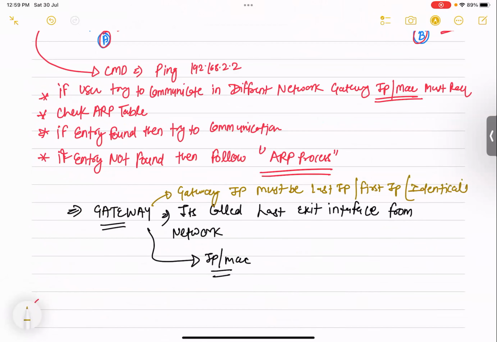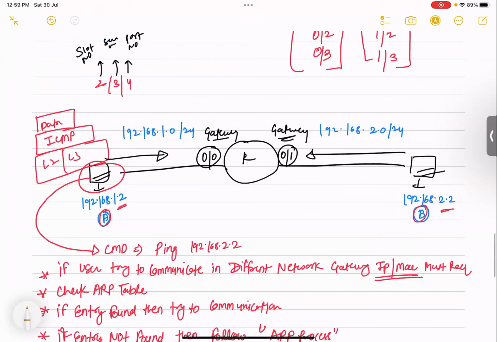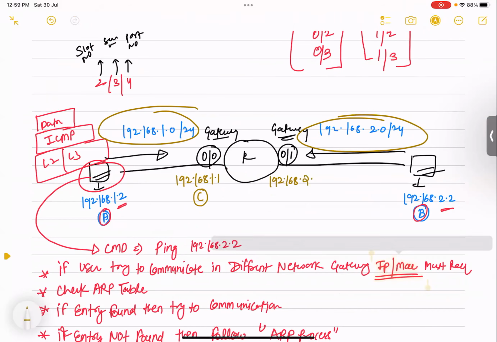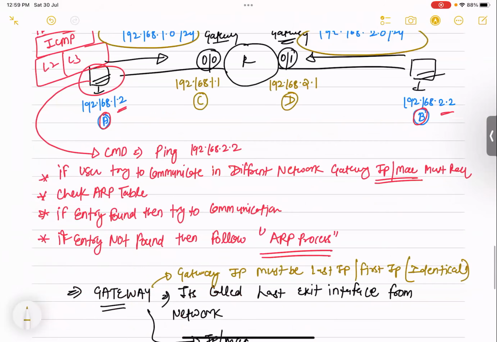From this network, the first IP is 192.168.1.1, and the MAC address is, for example, C. From the other network, the first IP is 192.168.2.1. That's the gateway. So this design is clear. Now we need to create the same design.